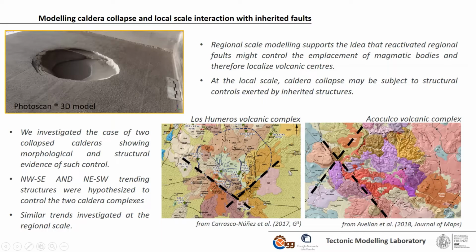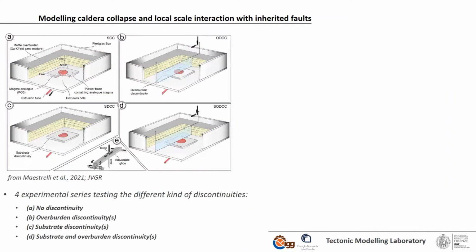So our aim was to test, by introducing inherited structures in analog models of caldera collapse, if these faults were really able to influence and to exert a control on the structuring of these collapsed calderas. We produced 4 experimental series.